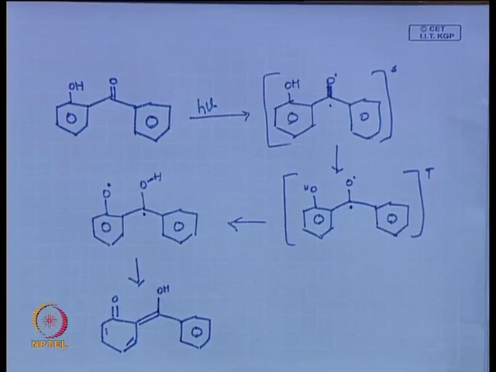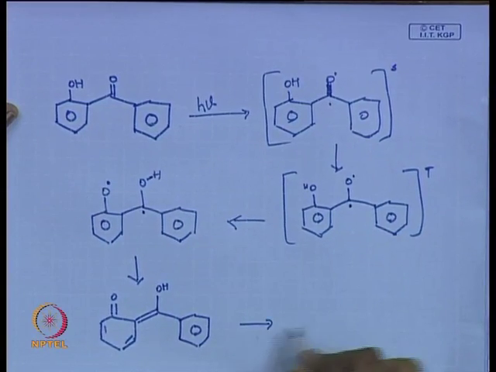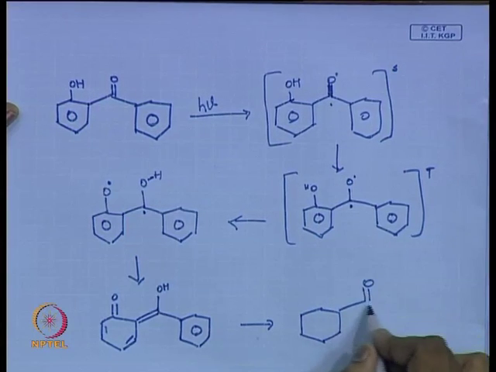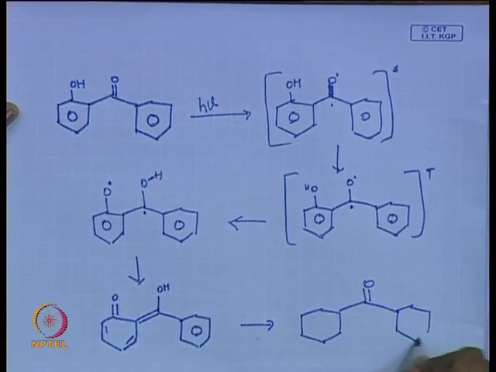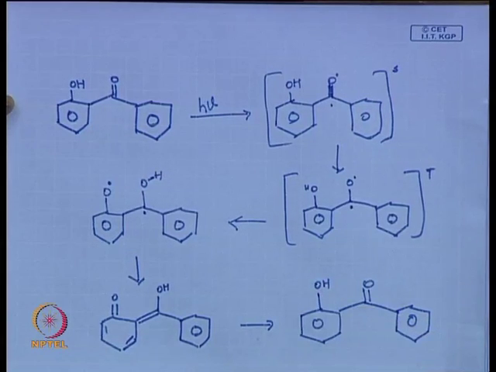Fine, this is stable now. So, what does it do again? Tautomerize back to what? Where? Keto form, can you write that keto form, how it looks like? Write that keto form and tell me how it looks like. This is looking like your starting material.